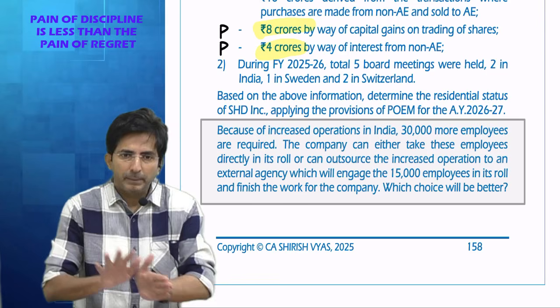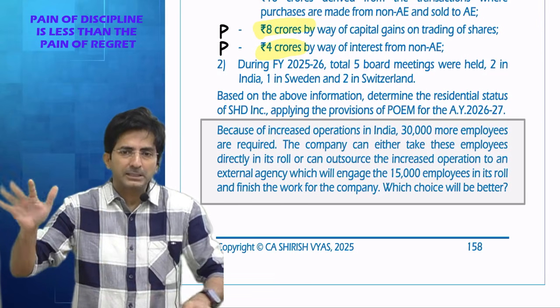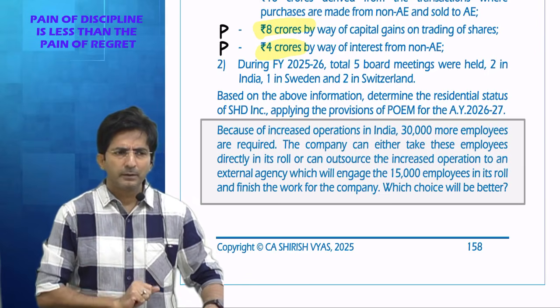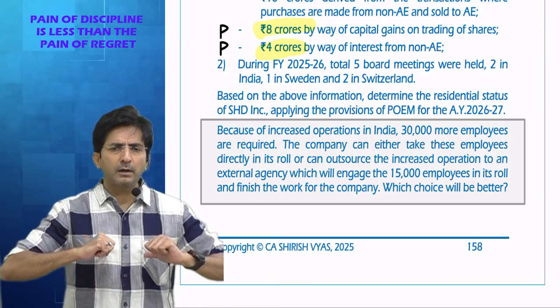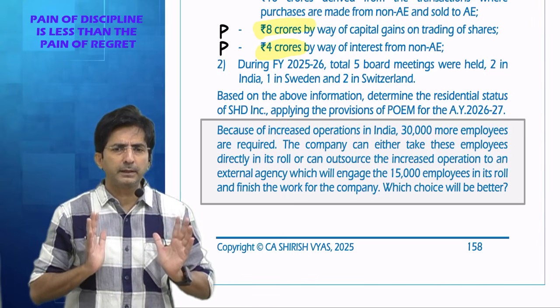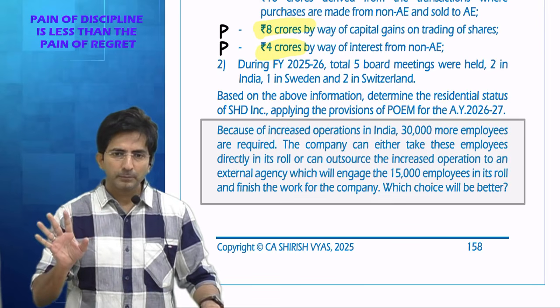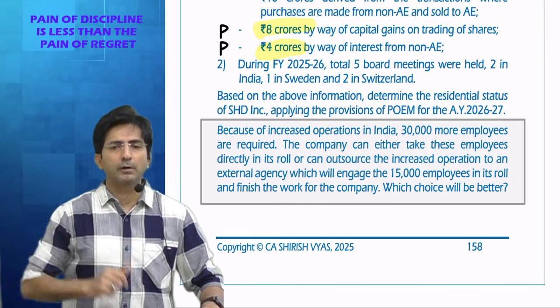Outsource it to some agency. But when the agency does the work, they can do that extra work with the help of only 15,000 employees. So tell me how it will affect: if we do the work, our number of employees will increase by 30,000. But if it is outsourced, there will be only a 15,000 increase in the number of employees.